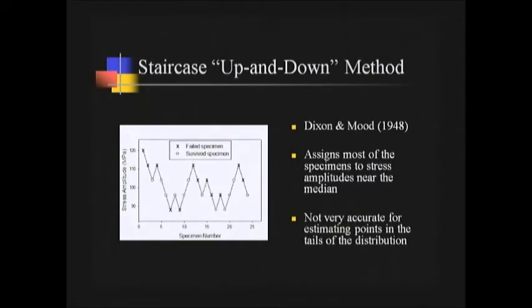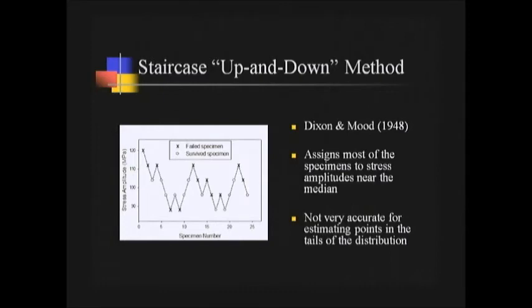And the effect is that it focuses most of the specimens just above and just below, very close to the 50% failure load. Okay? And if most of your data is grouped around the 50% failure load, then you will make very accurate predictions about how much time until 50% of your restorations in your patients fail.